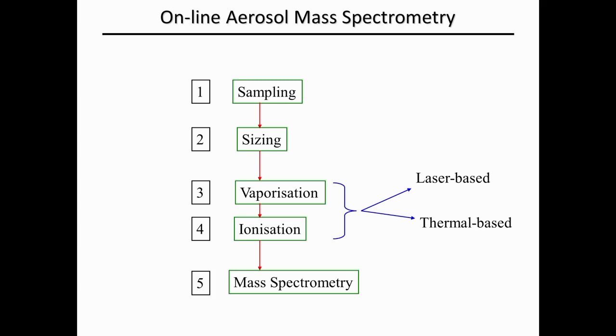The most sophisticated sorts of online techniques now can sample, size, vaporize, ionize, and measure, which means that you can start to get direct online measurement of the chemical composition.